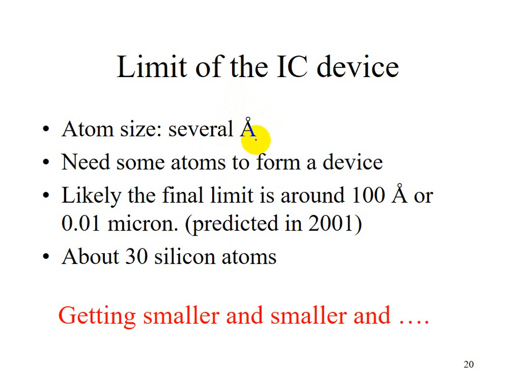So each device has a line width composed of at least a few atoms. It depends on your technology. In the earlier stage of year 2001, it was predicted that the minimum feature size would be about 10 nanometer, but actually we're pushing the limit to about 2 nanometer right now.